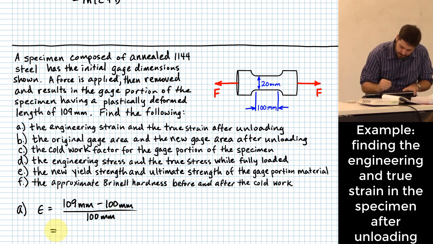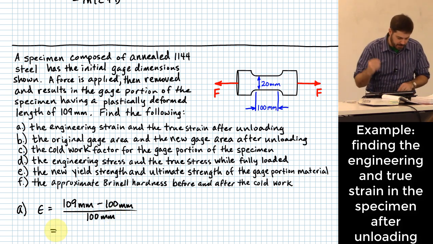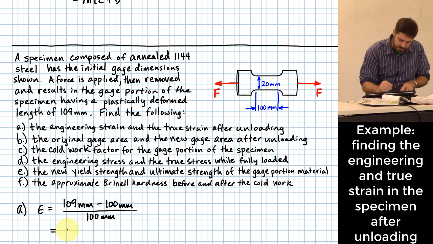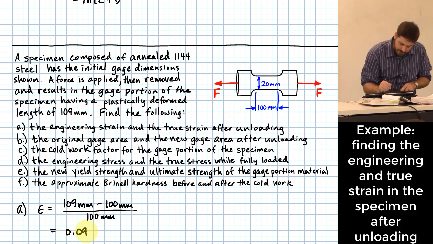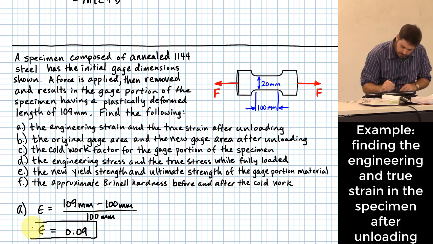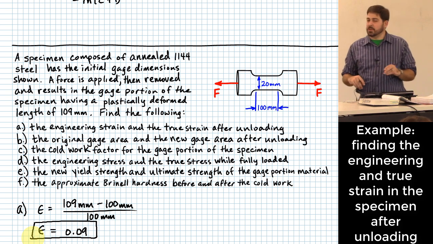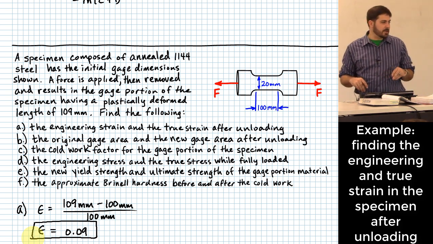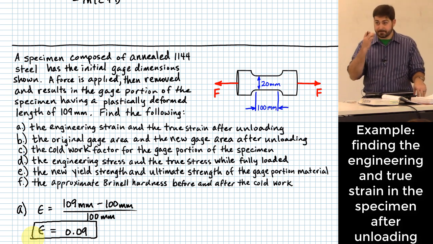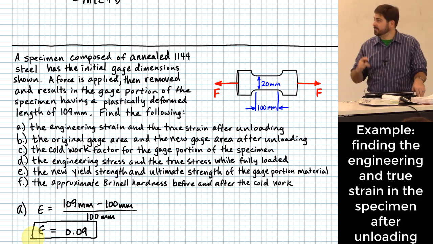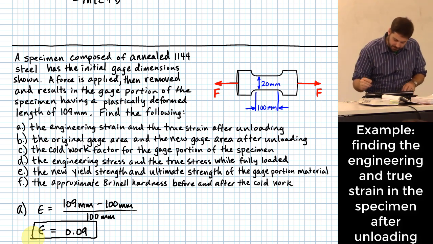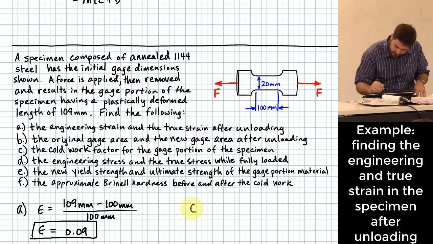When I plug all this in, what we should end up with for our value is 0.09. Units? Don't need any units on it. It's millimeters per millimeter. They divide out. That part's easy.